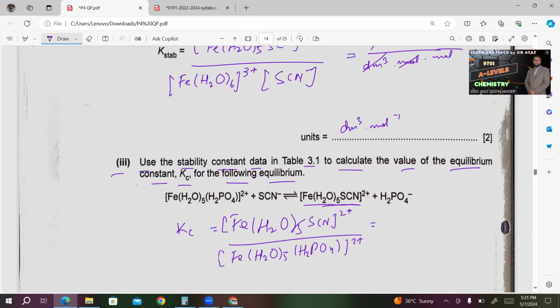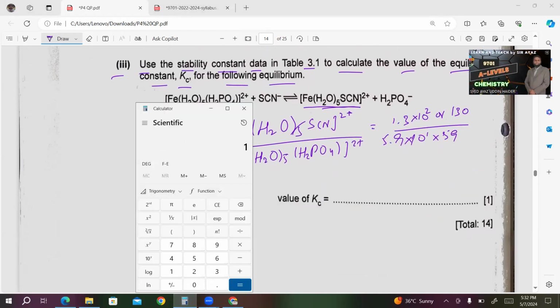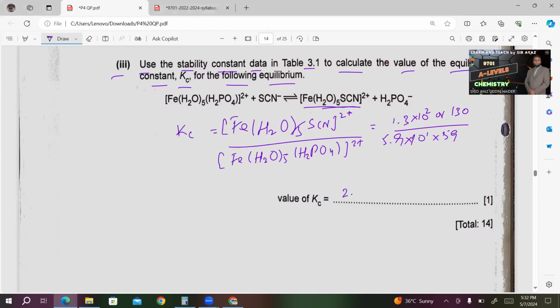Putting the values, what will we get? We'll get 1.3 multiplied by 10 to the power 2, or 130, divided by 5.9 multiplied by 10, or 59. So 130 divided by 59 is 2.203.